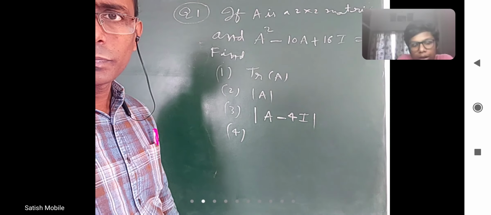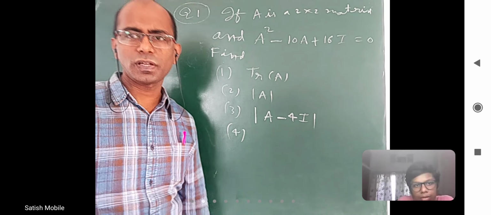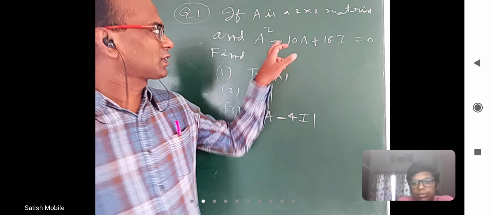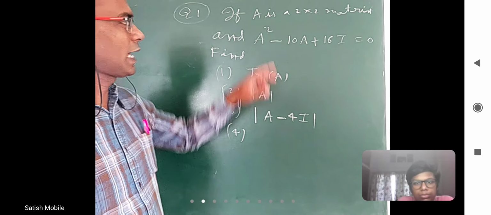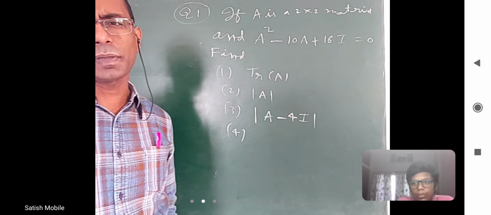Matrix? No, I think there will be many matrices satisfying this one. For one matrix, the equation is fixed, but satisfying this, how many matrices are there? They are infinite. Very few cases they may be finite, but mostly they are infinite.